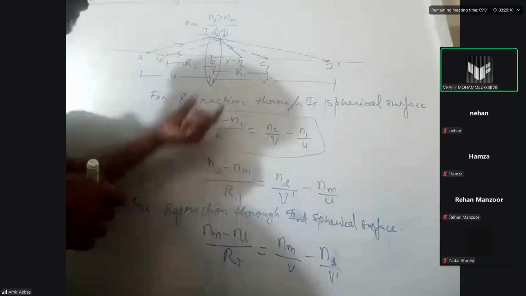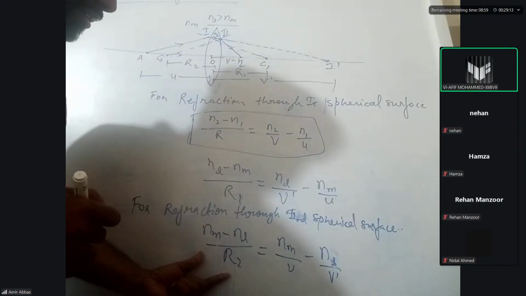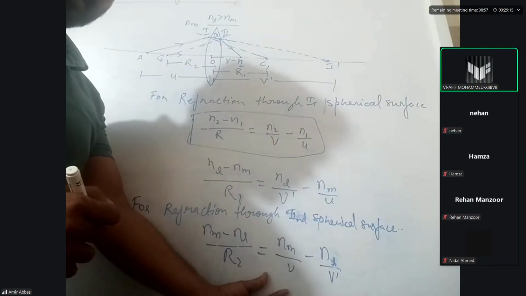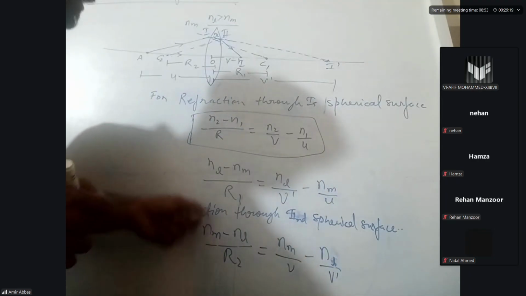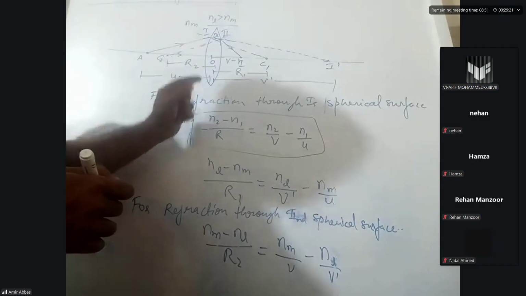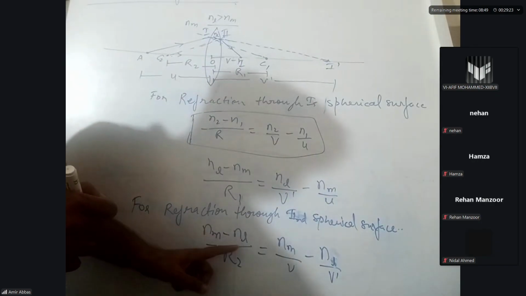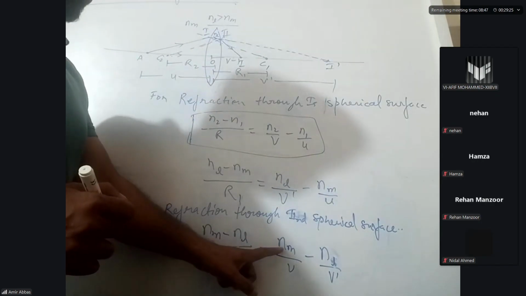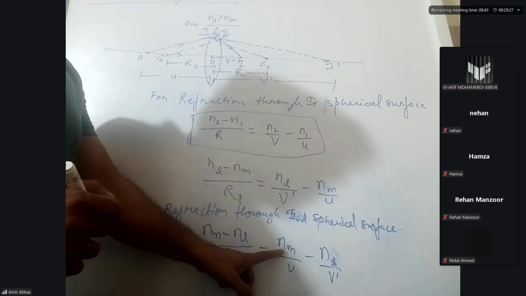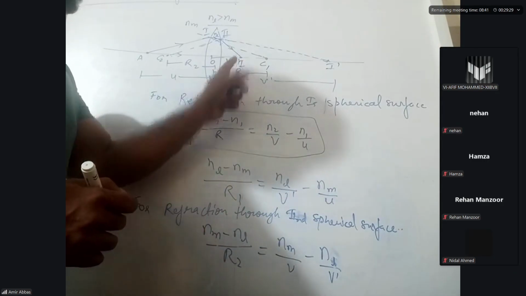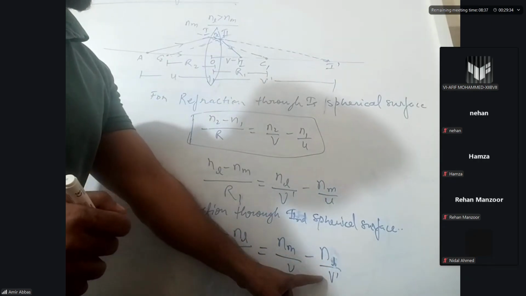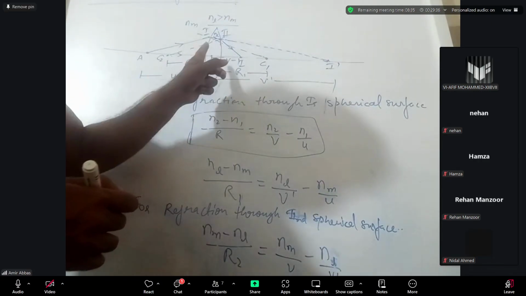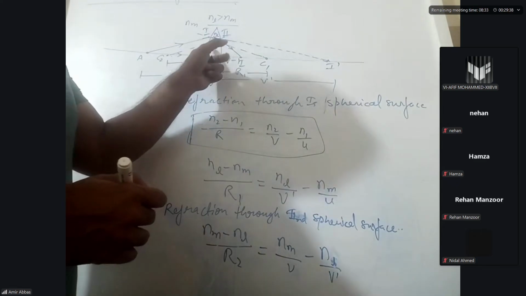On the basis of that, we write the refraction through spherical surfaces. What do we write for the second one? The light is entering the medium from the lens, then (Nm minus Nl) upon R2 is equal to Nm upon V, where the image is forming in the medium, minus Nl upon V dash, since the light was coming from the lens.